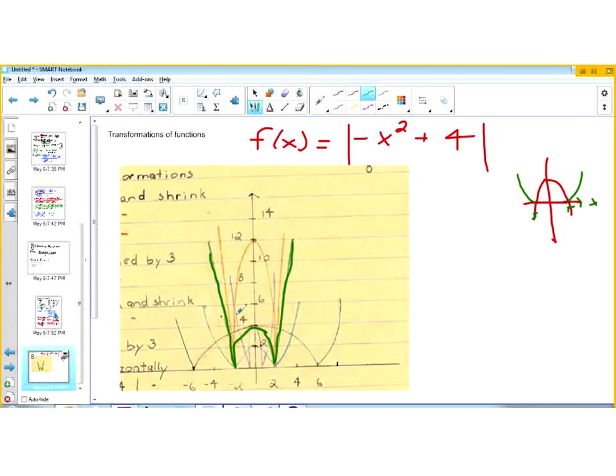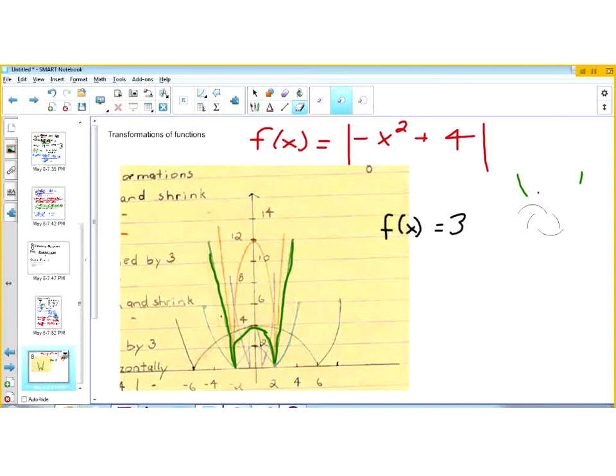So one of the things I want to talk about is the notion of a vertical stretch. So let's consider another function, and this will be a transformation. Let me erase this. f of x is equal to 3 times negative x squared plus 4.